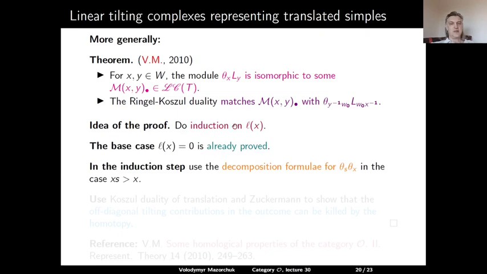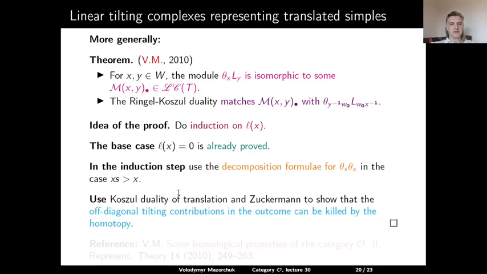In the induction step, we start from theta_x L_y, which we assume is represented by a linear complex of tilting modules, and we apply the translation theta_s such that xs is greater than x. Using Koszul duality of translation and Zuckerman functors, one can show that the outcome will no longer be a linear complex of tilting modules, but it will have tilting modules on the diagonal, just above the diagonal, and just below the diagonal.